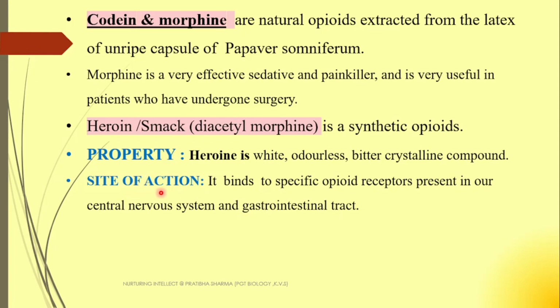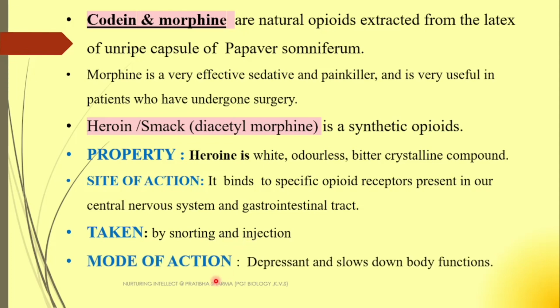It acts on opioid receptors present in the central nervous system and gastrointestinal tract. These drugs bind with these receptors and produce the desired effect. How is it taken? By snorting or through injection. Mode of action: it's a depressant and slows down body function.